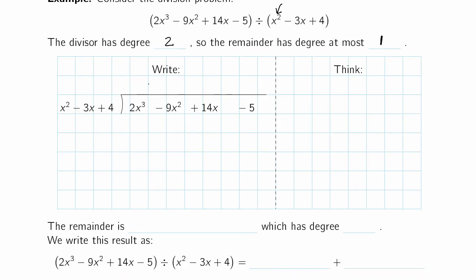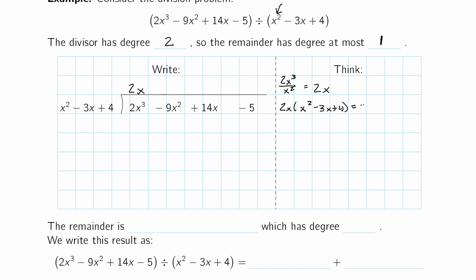So let's just do this division. So divide, we've got 2x to the third divided by x squared. That's going to be 2x. 2x times my divisor.